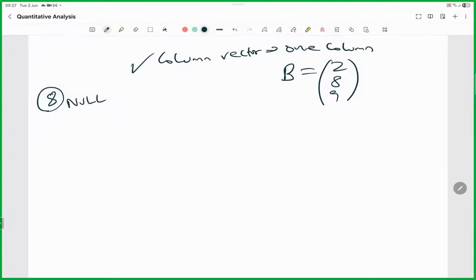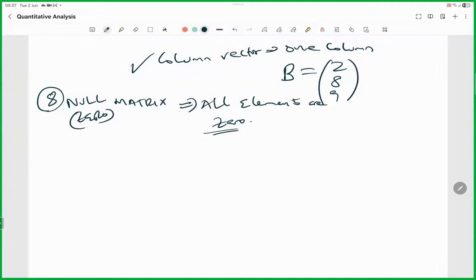A null matrix. Null is 0. All elements are 0. For example, if you have 0, 0, 0, 0, these are null matrices.